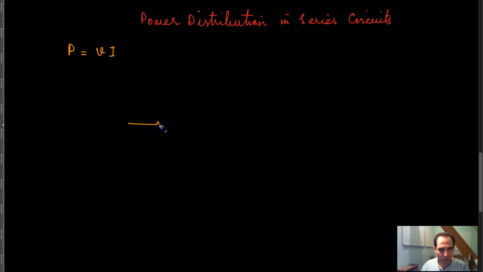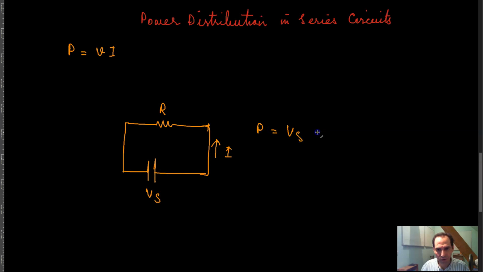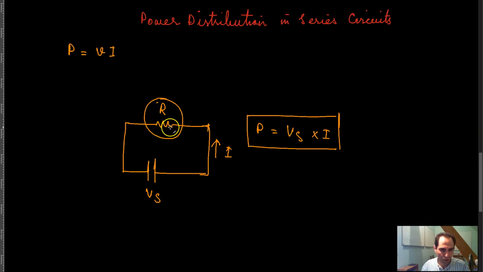Let's say that you have a resistor over here, and this resistor is connected to a power supply. If this is V of S and this is R, then based on V of S and R, some current is going through this circuit, and the power dissipation in this circuit would be V of S times I. The power is dissipated in this resistor, which means you can call it the power dissipated by this resistor, or the power supplied by this power supply.